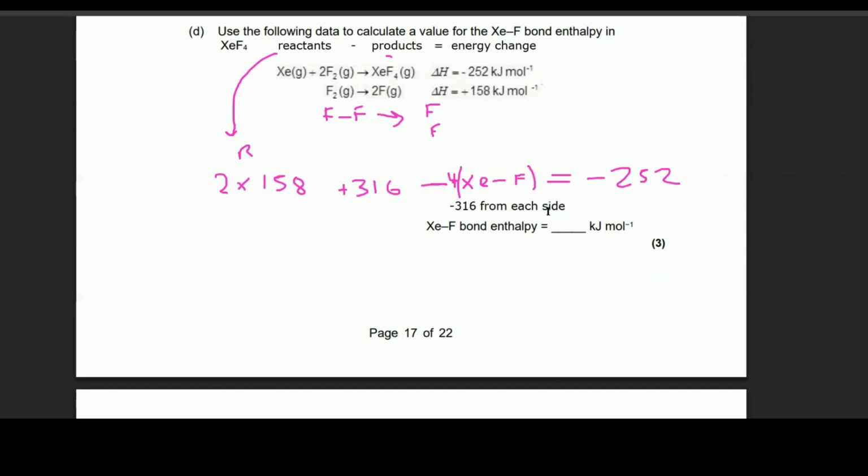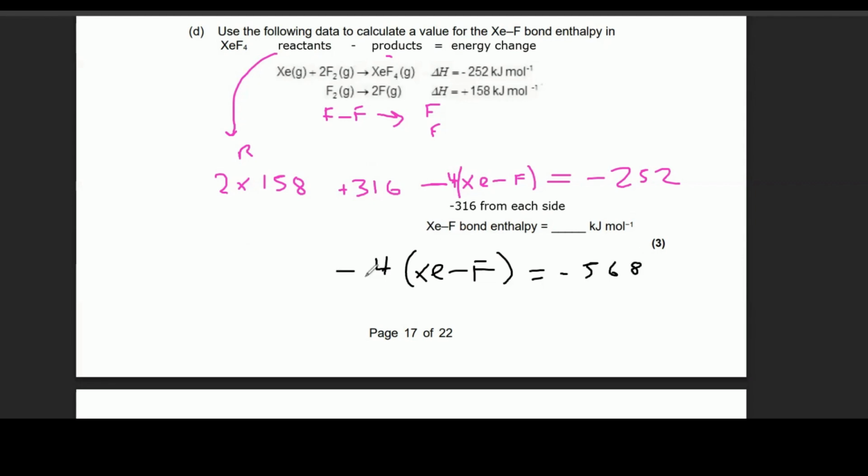The minus 316 from each side is going to leave me with nothing on the left other than minus 4 times the xenon and fluorine bond, and that is going to equal minus 252 minus 316, which equals minus 568.